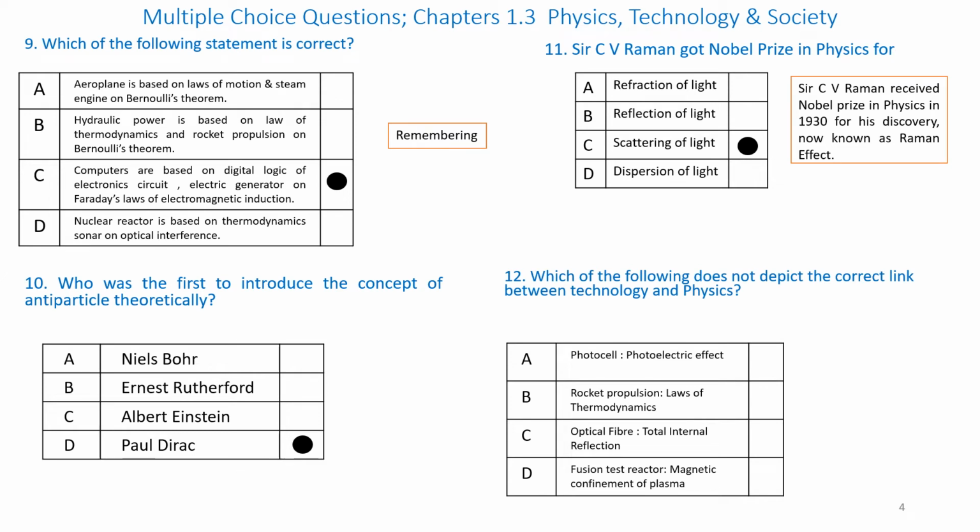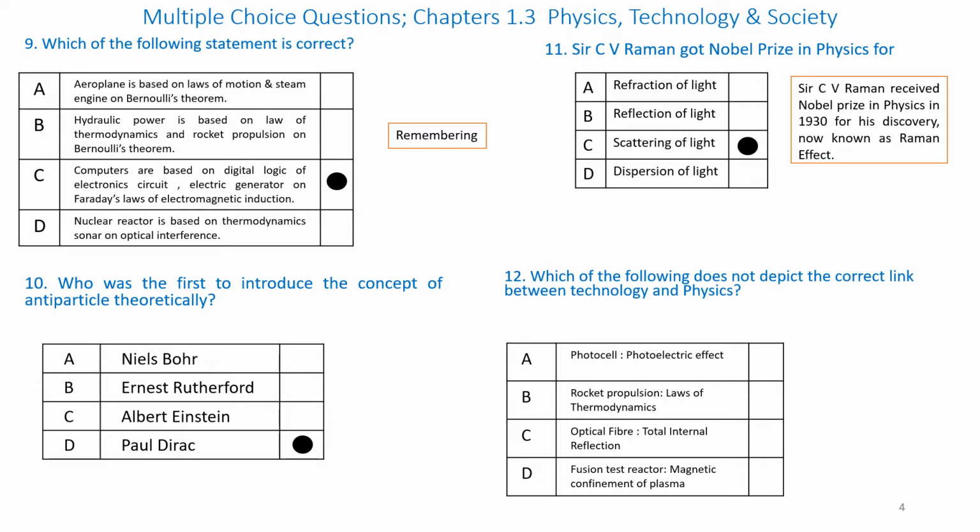Question number 12. Which of the following does not depict the correct link between technology and physics? So we have to identify the correct relationships and mark the wrong answer. Choice A is photocell, photo effect. Yes, it is related. Rocket propulsion and laws of dynamics.